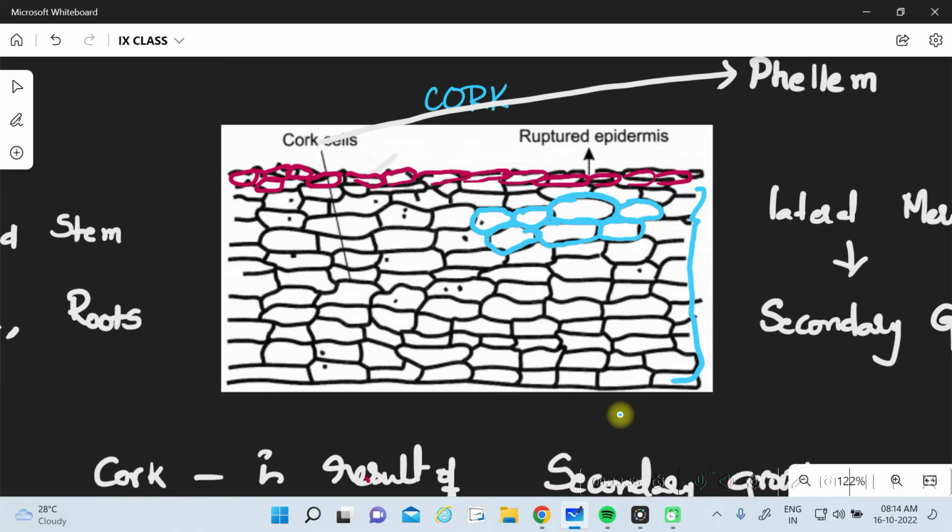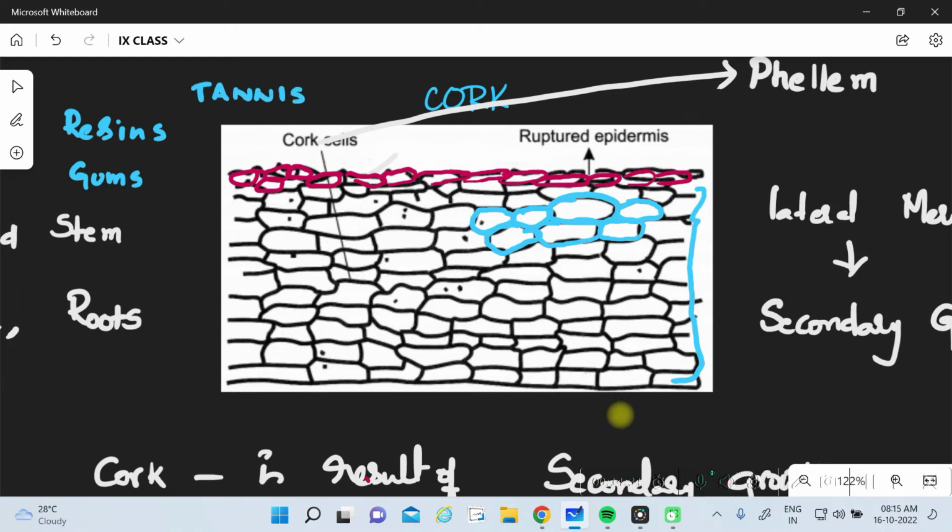Now, the old cells of cork are considered dead cells, and the dead cork cells give space to store some unwanted waste material of the plant, like resins, gum, tannins.